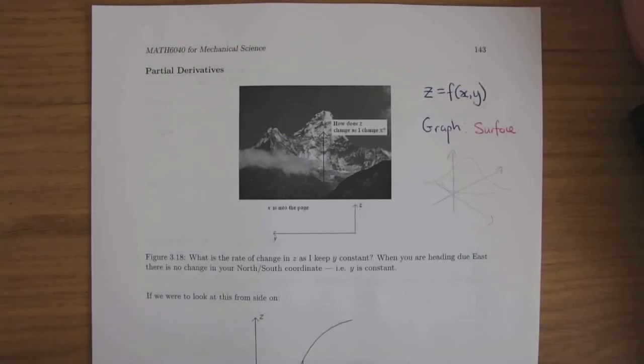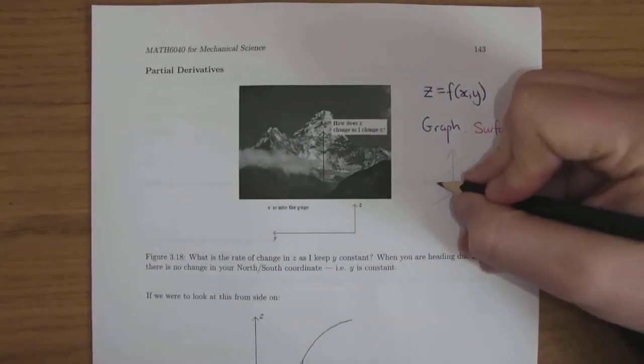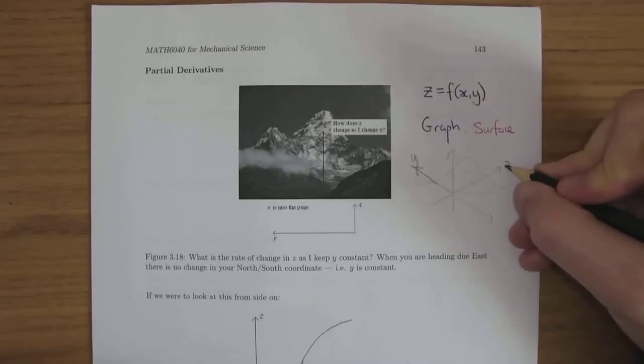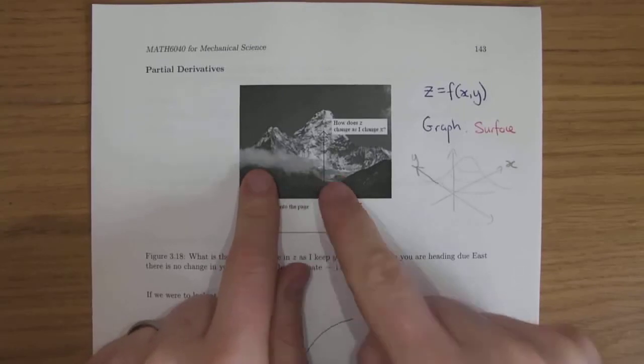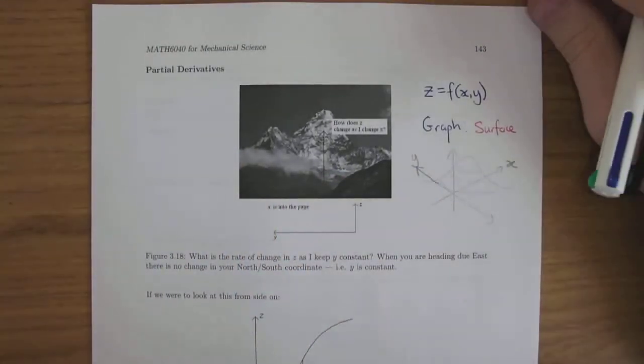Now, imagine in this picture, the orientation is a little bit messed up here in terms of the x's and the y's. What I can do possibly to make this picture make a bit more sense is I turn this into a y and this into an x. Imagine this is a rotation of this. So we're going to have to use our geometric intuition as much as we can here.